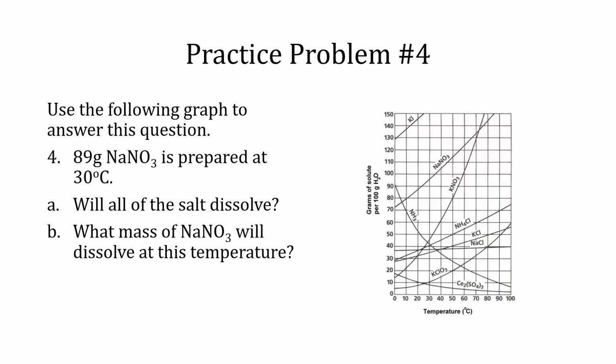It turns out that since the solubility of the compound at 30 degrees Celsius is about 95 grams of NaNO3 in 100 grams of water, the sample will dissolve in the 100 grams of water.